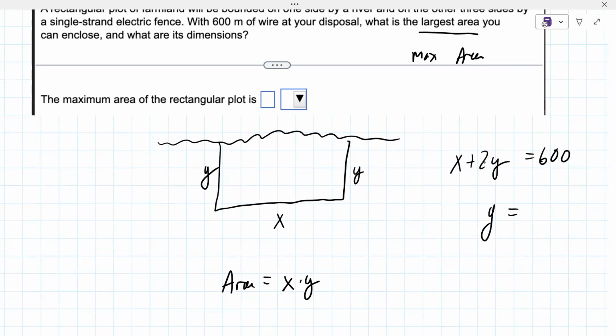On the right, tell me what you come up with. I got y equals 600 minus x over 2. And your choice if you want to further simplify that, do 300 minus 1/2 x.